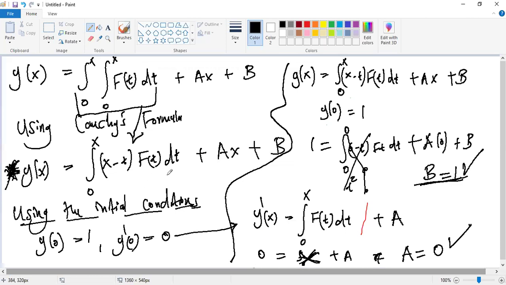We can replace here. a is 0, so this part is going to disappear, and b is 1. I want to write the final answer. Have you guys written up until this point?